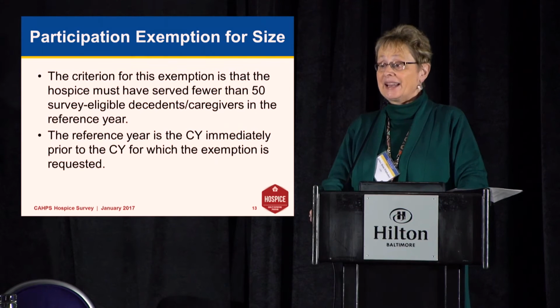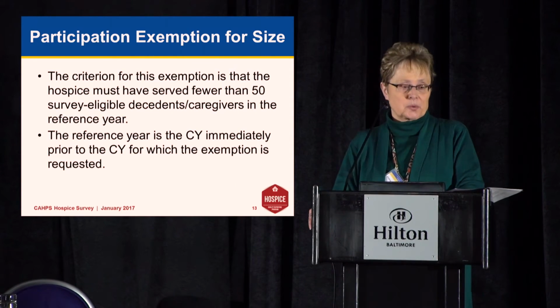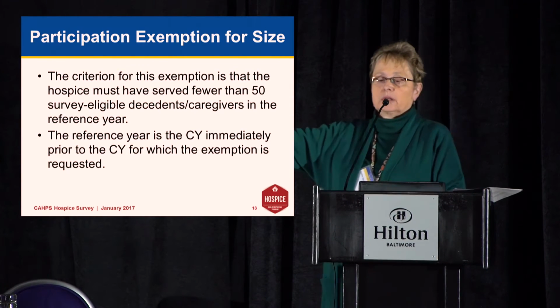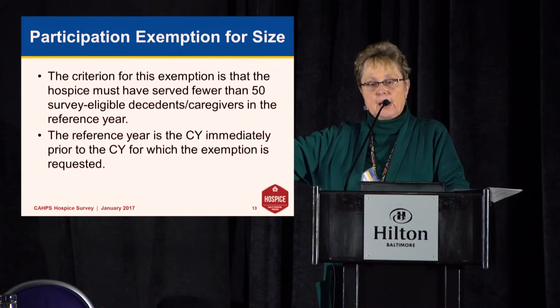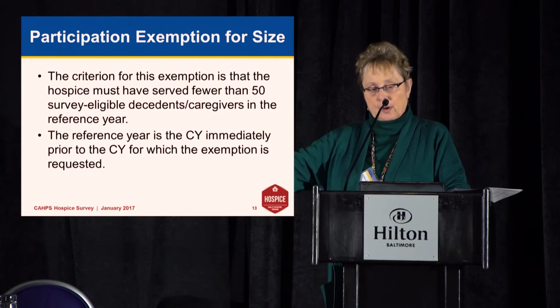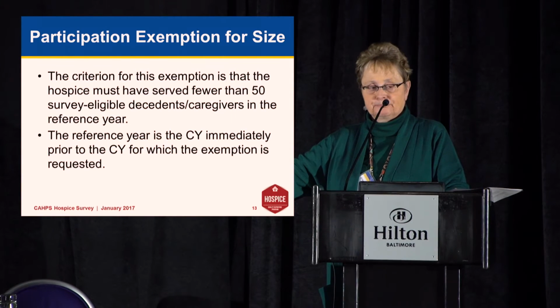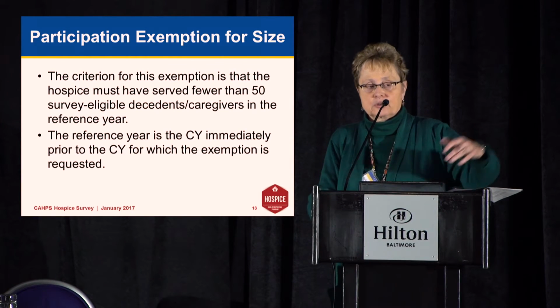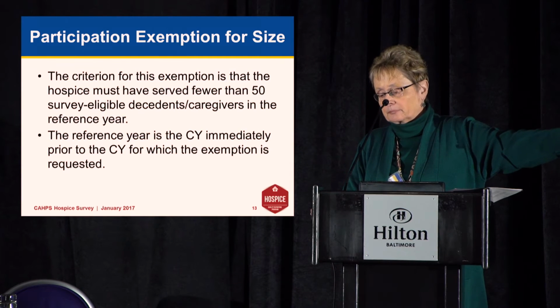Is that clear to everybody? Okay, here's what it really means. You count the number of survey-eligible people you had last year. If you have fewer than 50, then you should go ahead and apply for the size exemption. That's it. The reference year simply means the year before.